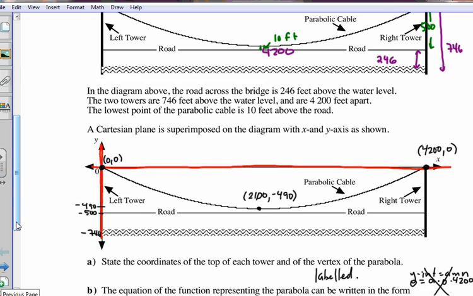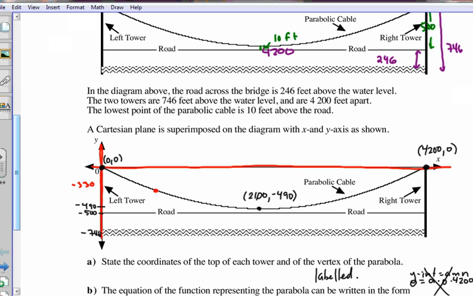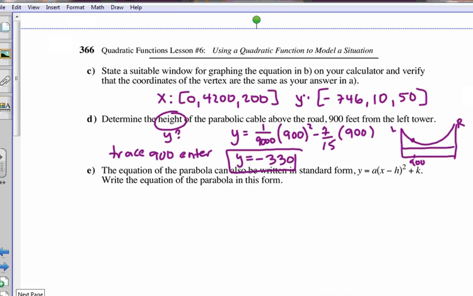We want the height above the road. How far is the road from that part? So we do 500 minus the 330 to get the difference in distance. So 500 minus 330 equals 170 feet above the road.